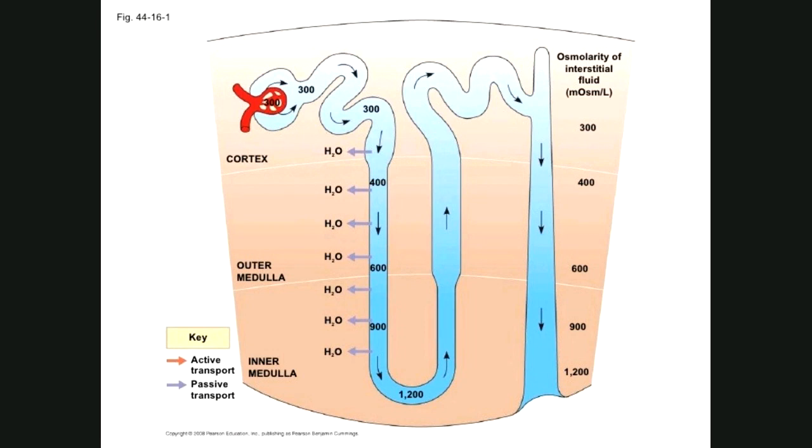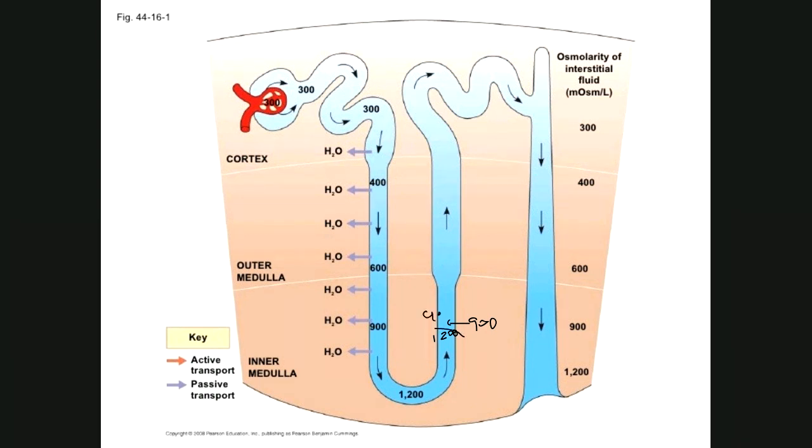Look, this is 1200, but it's only 900 out here. What's going to happen when 1200 gets here and it's 900 on the outside? Water's going to come back in until it's 900.